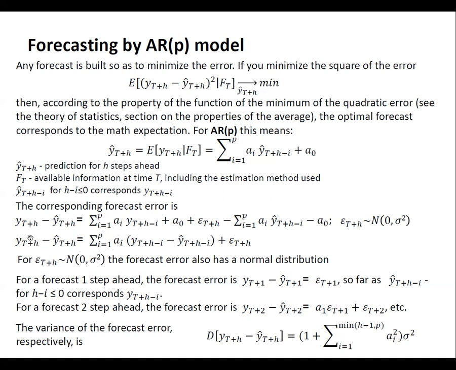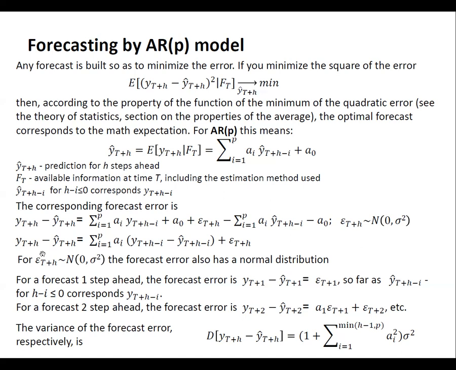Forecast error is the deviation of the actual possible value from the predicted value. And this will be our actual value, which is generated by the autoregressive model with the given parameters, plus the error per step ahead, minus the average forecast by the autoregressive model.